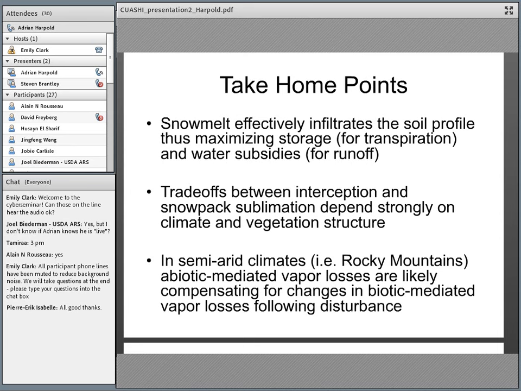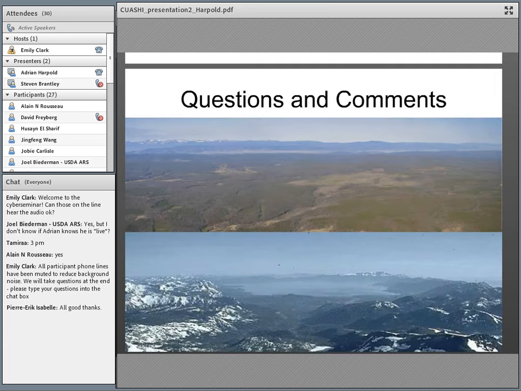So we think that evaporation might be higher as transpiration goes down, although compensating biotic vapor losses by remaining vegetation or new vegetation could also be a culprit that really deserves some further investigation. So I hope that's some food for thought about measuring ET in these systems and where we need to take research in the coming years.